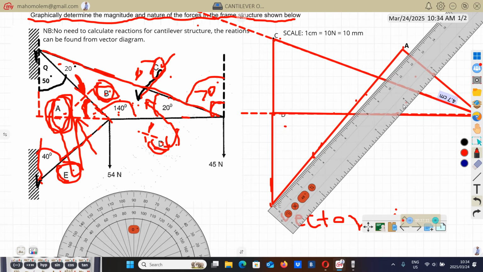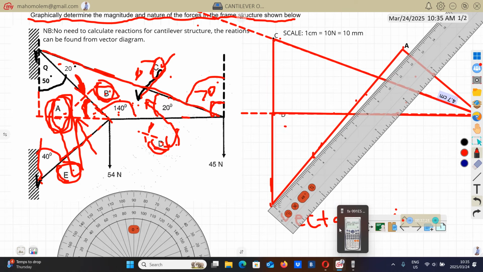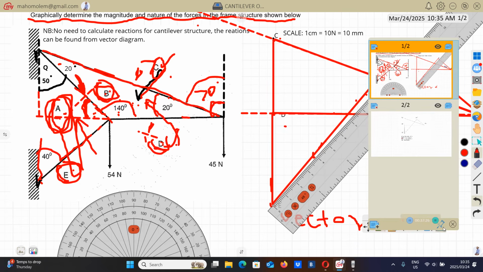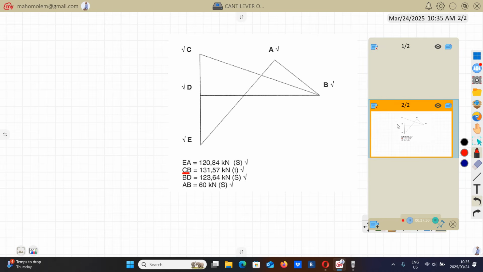It's about 12 centimeter. About 12 centimeter for EA. Let me see what they got here. Yeah, EA 12 centimeter, which will cost 120 Newton. 120 Newton.